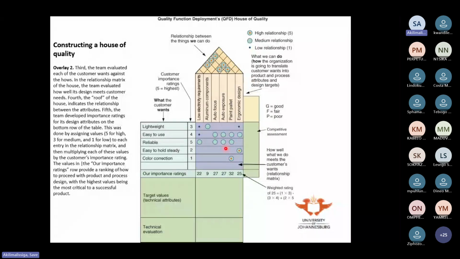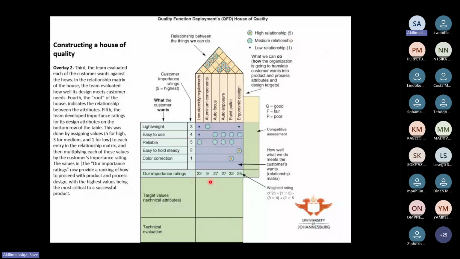This symbol here is associated with a 5. This symbol here, the medium one, is associated with a 3. Obviously, it's not written here, but it's 3. The low relationship symbol here is associated with 1.